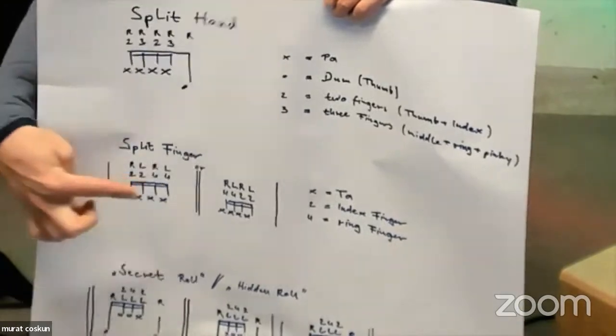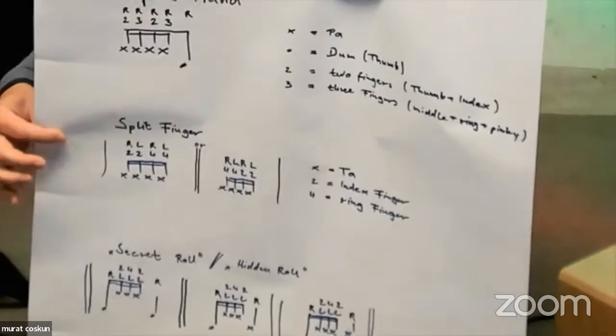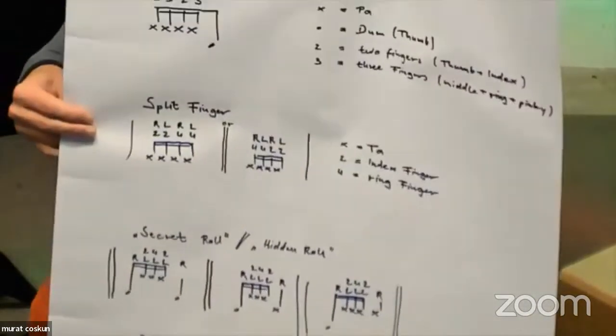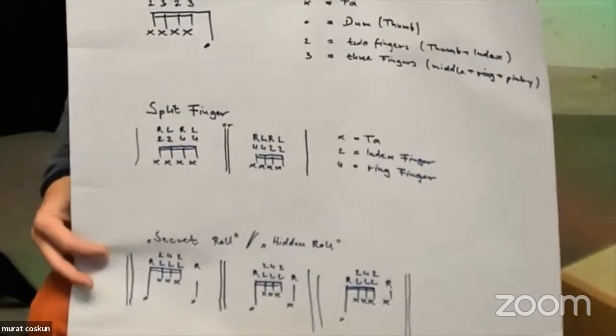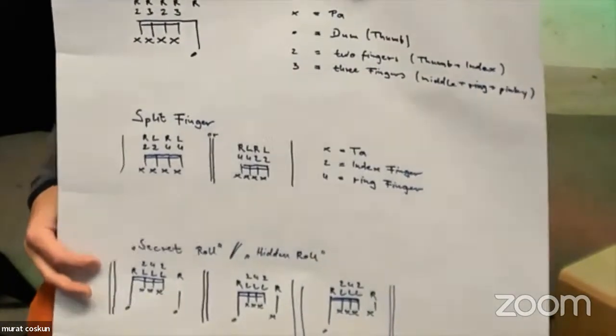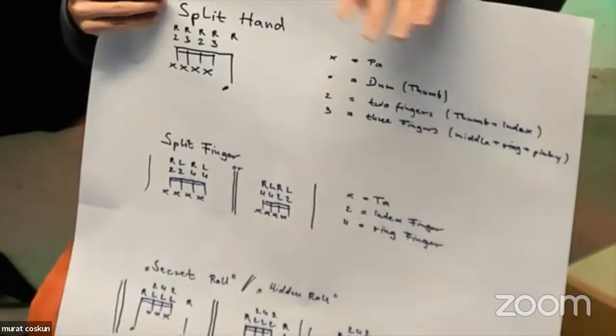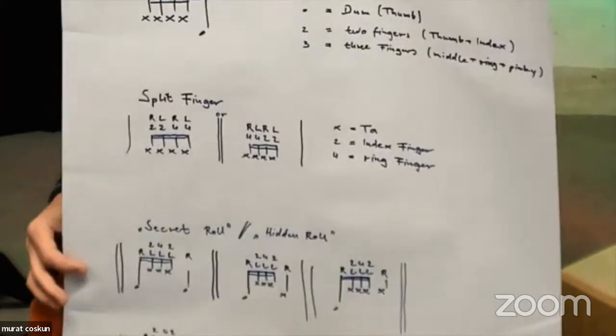That's why you have 2 exercises here. But anyway, we're not using this roll today, but what I just showed you is what I call the kind of hidden roll, because it's very, very tiny movements that are hard to see.